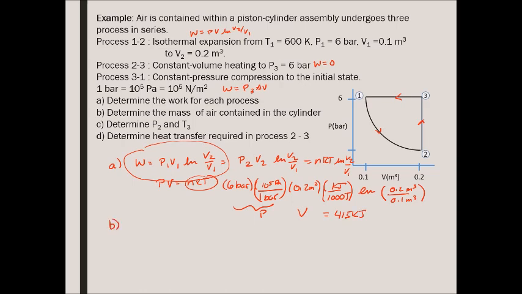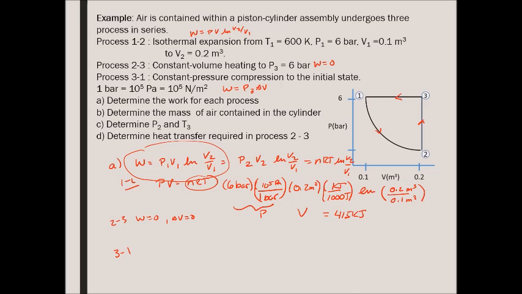Then we're going to look at the second part. So the work for this 1 to 2, process 2 to 3. We said work is equal to 0 because delta volume is equal to 0. And so process 3, 1.